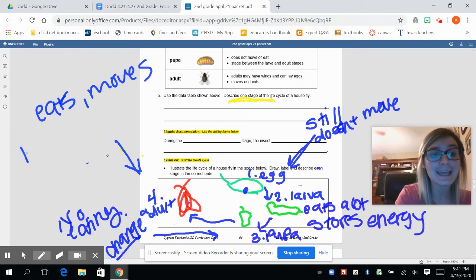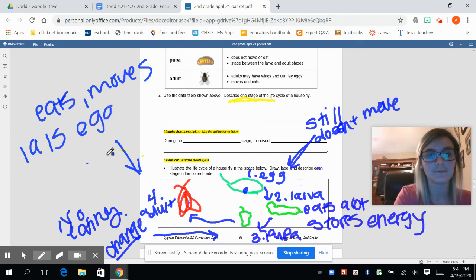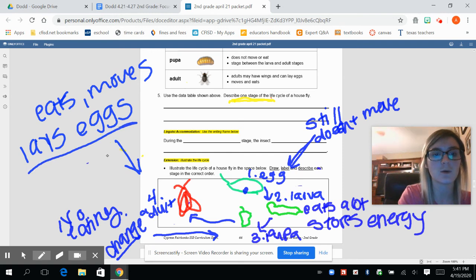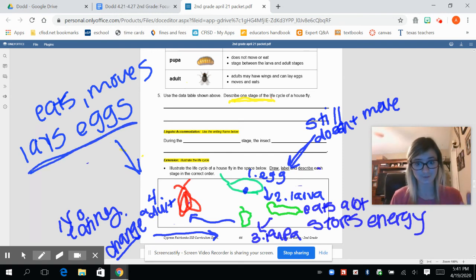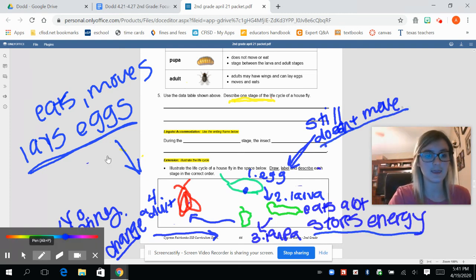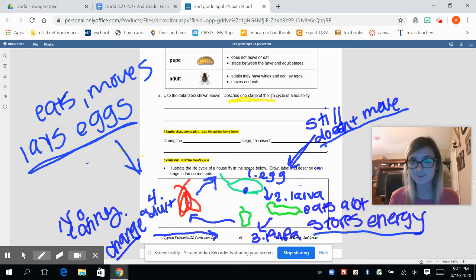It lays eggs. That is the most important thing to remember from stage 4, that it's laying eggs, okay? And then we move right back to stage 1.